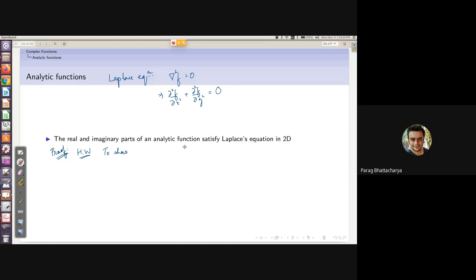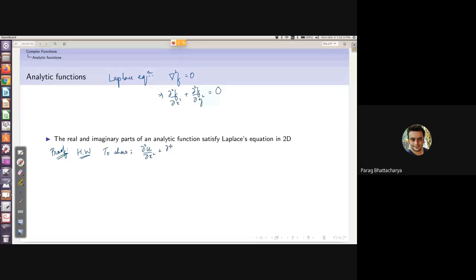So you have to show that ∂²u/∂x² plus ∂²u/∂y² is equal to 0, and ∂²v/∂x² plus ∂²v/∂y² must also be 0. So both of these must be identically 0.